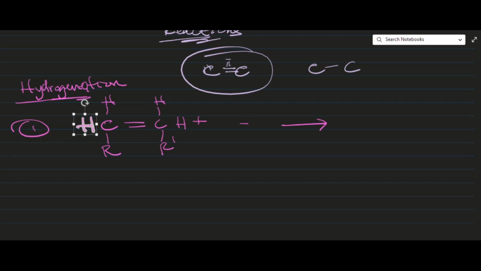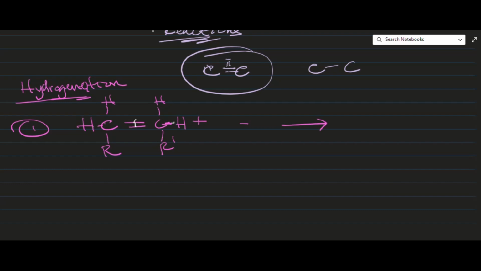When this bond breaks, part of it will join this, and the electron from the carbon and the other electron from the hydrogen will join. So the double bond will not be there because it's broken already, and you have only a single product.